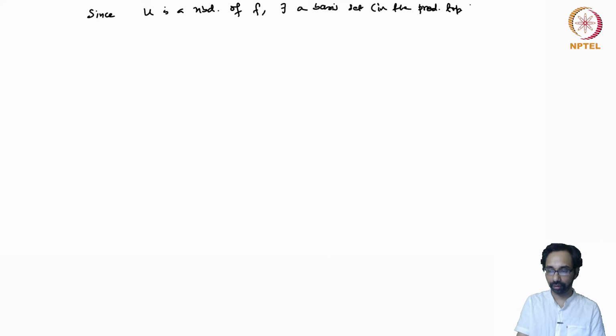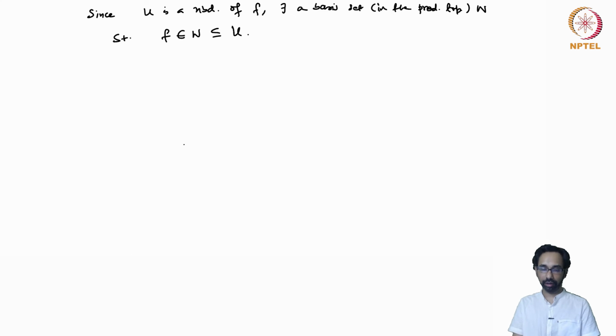So since U is a neighborhood of f, there exists a basis set in the product topology, let me call this set W, such that f is contained in W, and it is contained inside this open neighborhood U. And now we use the form of basis sets in the product topology.